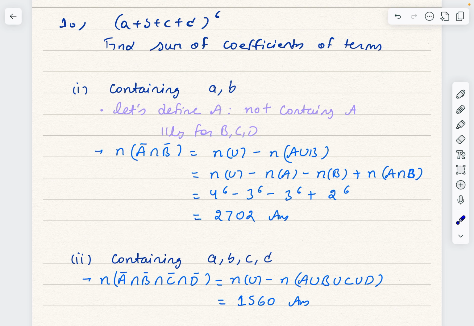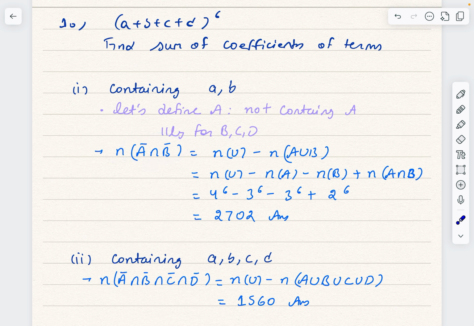So that means we're looking for the sum of coefficients of terms. A complement will mean that it will contain a, and B complement will mean which are containing b, and the intersection means the sum of coefficients of terms which contain both a and b.